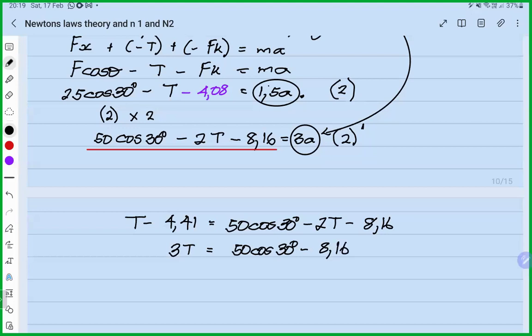And I'm going to take the minus 4.41 across, plus 4.41. You can plug that in on your calculator, and you can give me the answer for t now. So 13.18. Sorry? 13, 1, 3. And there we are.